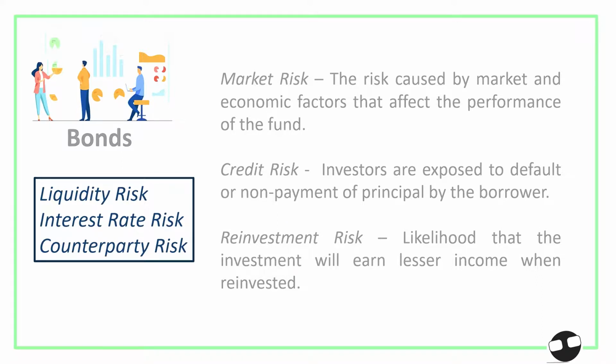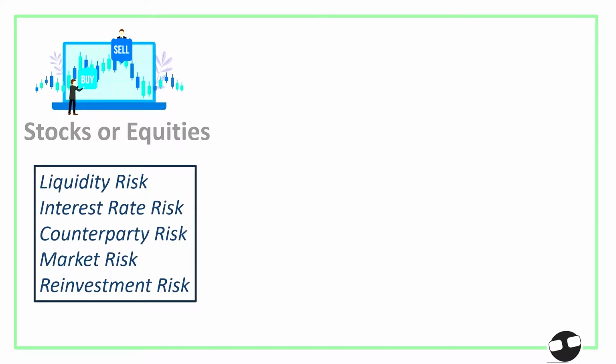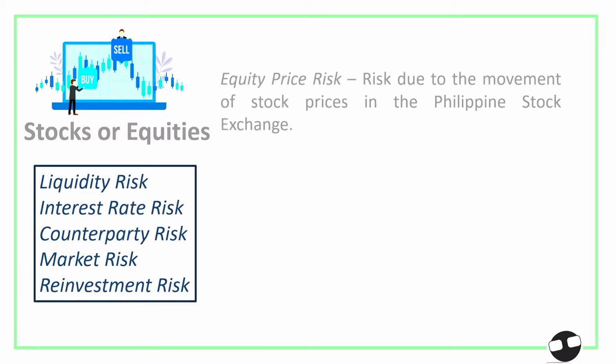Now let's move to stocks. The same risks in money market and bonds, when you bring them to stocks or equities, you will have another bunch of risks. So here, there is equity price risk. Since common and preferred stocks, particularly common stocks, are highly exposed to the daily sentiment of the market.